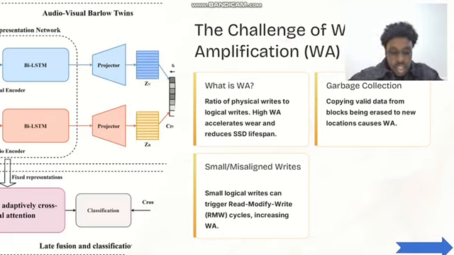Garbage collection is the SSD process of cleaning up these partially invalid blocks. To erase a block, the valid data from the block must first be copied to a new location. This copied valid data counts as a physical write, directly increasing write amplification.